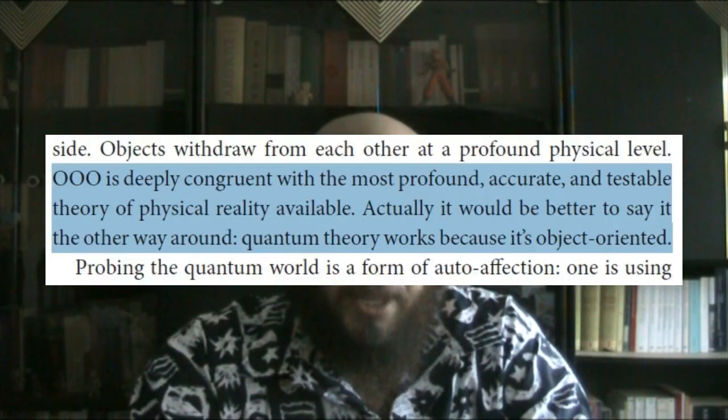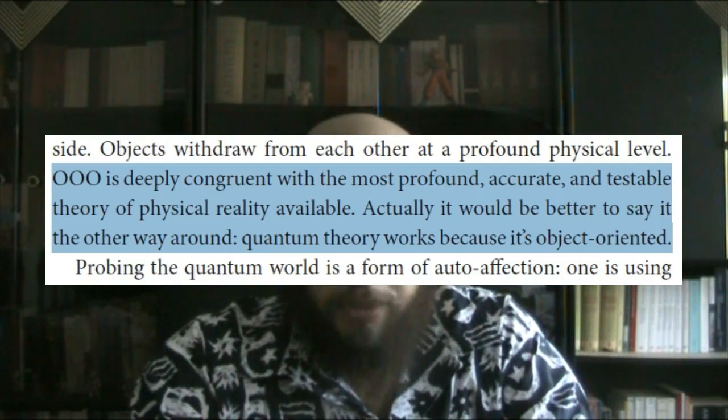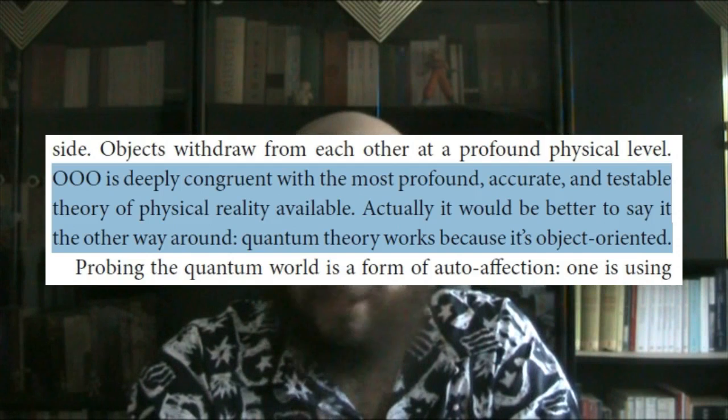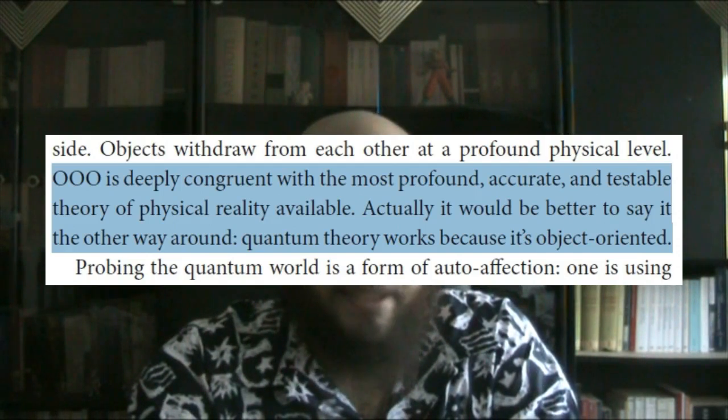If we apply object-oriented ontology, for example, to global warming, which we explained in the last video, then we have something that explains best how global warming works, and that aligned with the best scientific theories of our days. To quote Morton, object-oriented ontology is deeply congruent with the most profound, accurate, and testable theory of physical reality available.